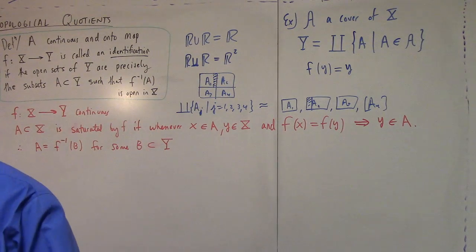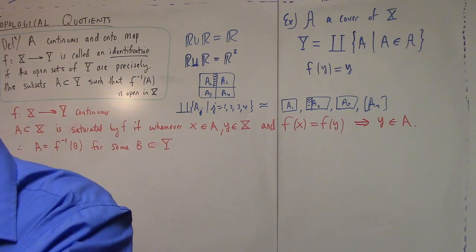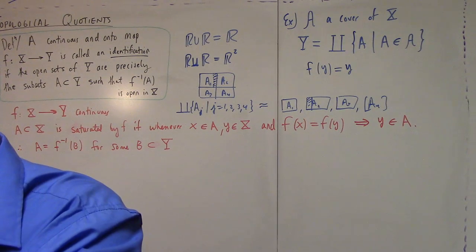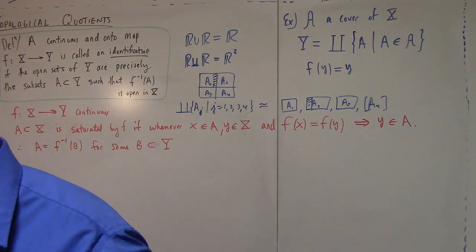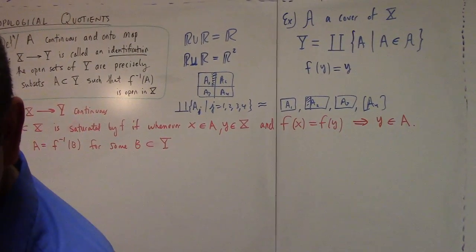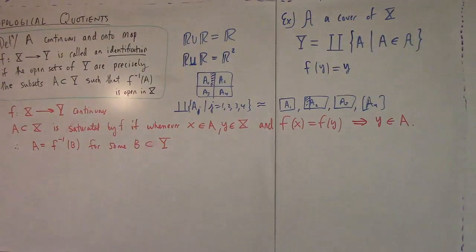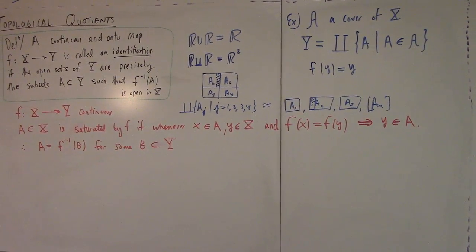Okay, and that's why he was able to say that it's a surjection, and as he says, it's continuous, onto, and it's an identification if and only if A is an identification cover. What was an identification cover? Do you remember that?